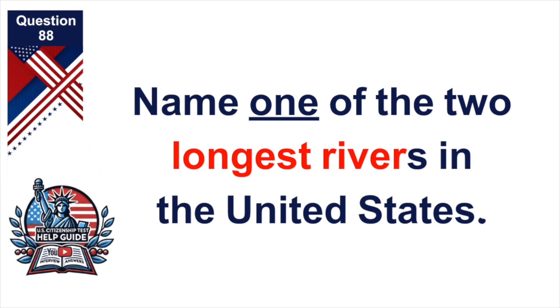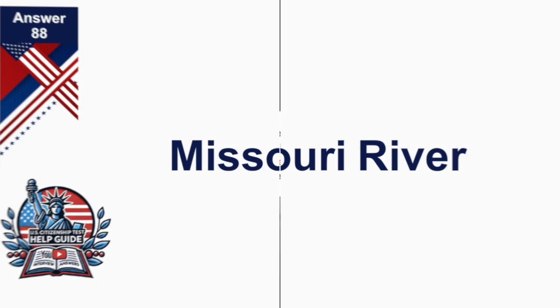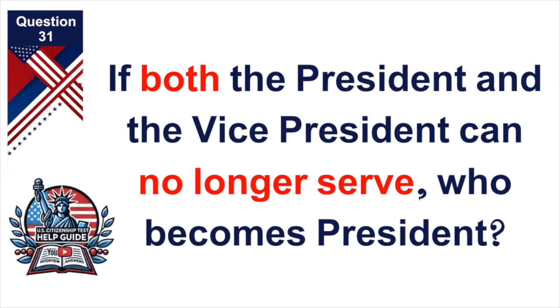Name one of the two longest rivers in the United States. Missouri River. If both the president and the vice president can no longer serve, who becomes president?